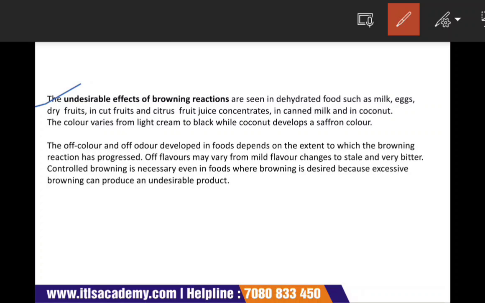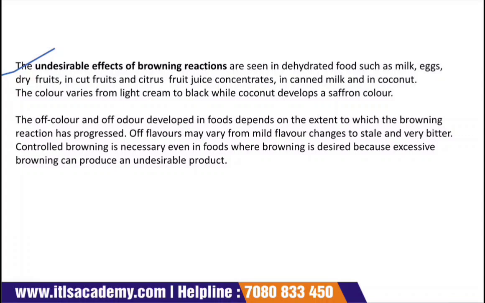The undesirable effect of the browning reaction is seen in dehydrated foods such as milk, egg, dry fruits, in cut fruits, citrus fruits, juices, concentrates, in canned milk and coconut. The color varies from light cream to black, while coconut develops a saffron color.